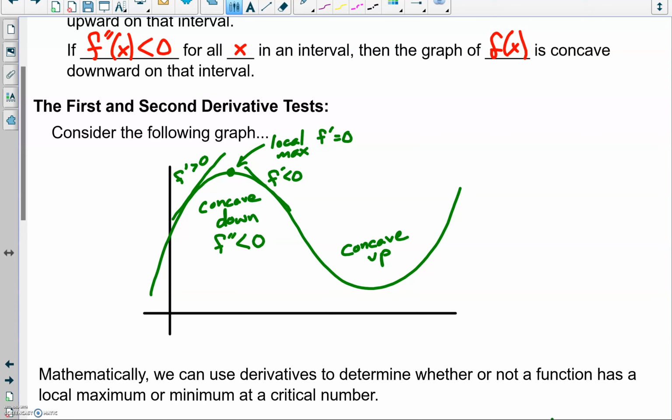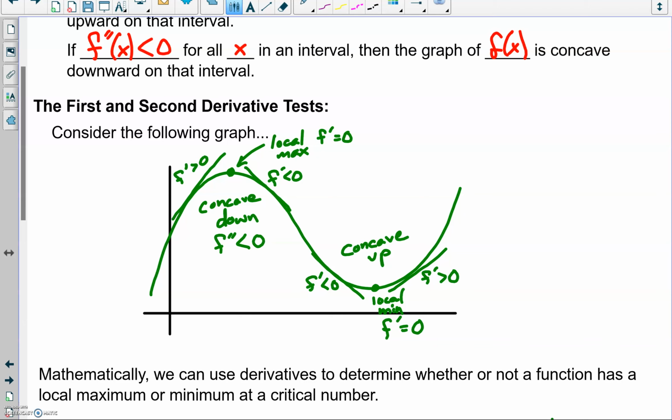So if we look at the concave up area, notice that right here we have a local min at the bottom of that little valley there. The f prime is equal to 0 there at that local min. And notice that as we come in on the left side, we actually have the f prime being less than 0 still, it's decreasing. And then we change on the other side at the local min to f prime being greater than 0.